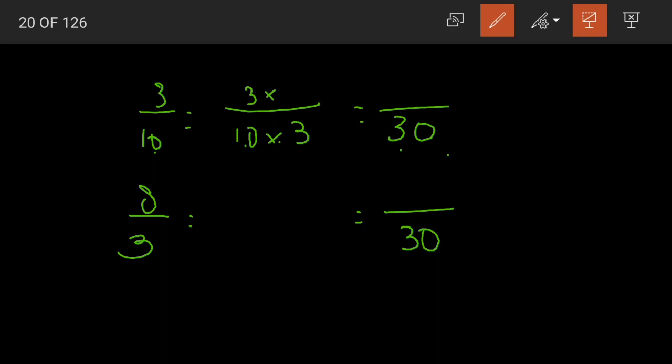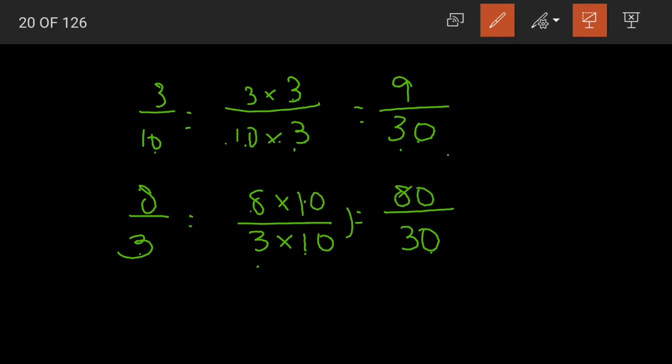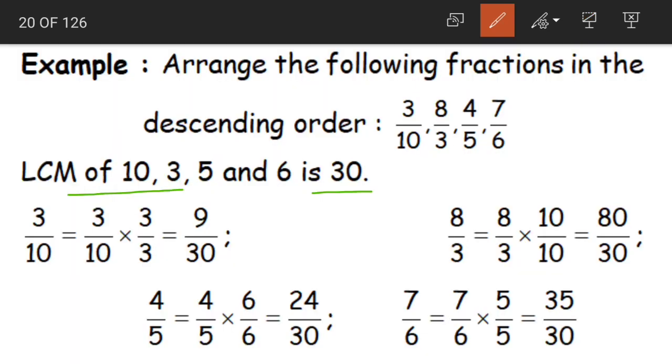So again, as we have multiplied by 3 in the denominator, we should do the same with the numerator as well. 3 threes are 9 and 10 threes are 30. Done? Next, with 8 by 3. Here we are having 3, but we want 30. How will we get it? 3 tens are 30. So again, 8 tens are 80. Remember to do the same with the numerator as well. Yes. So what are our fractions here? 9 by 30 and 80 by 30.